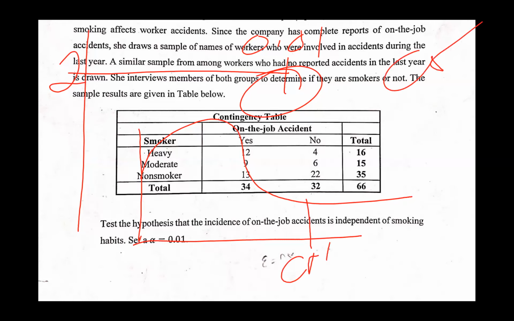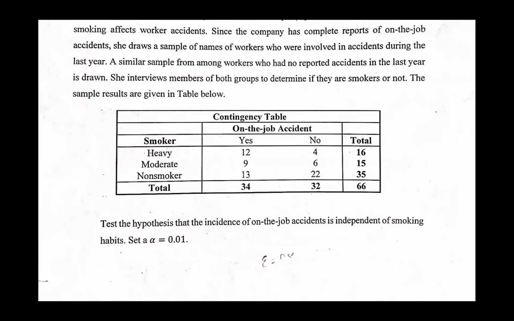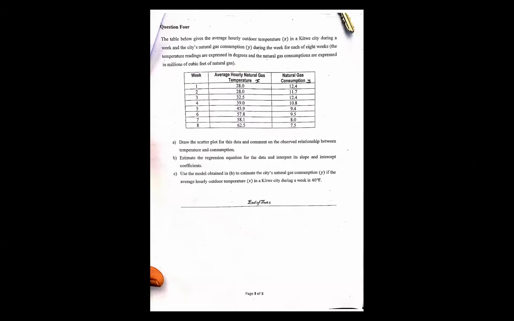If the calculated one is in the rejection region, you reject the null hypothesis. You remember now? Okay. It's very important to go through what the lecturer had taught.